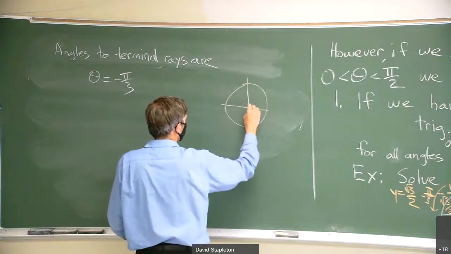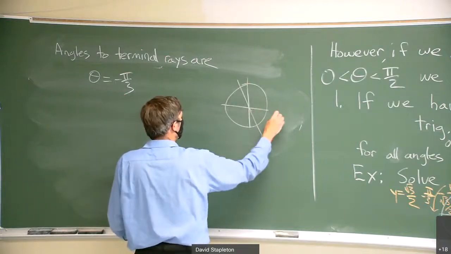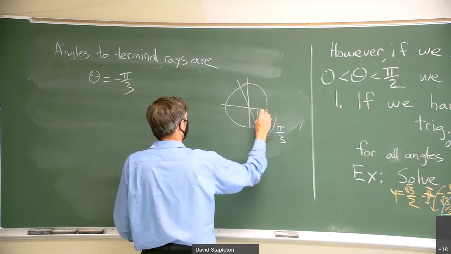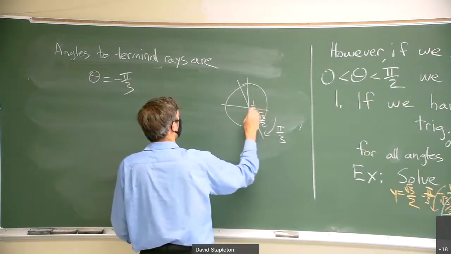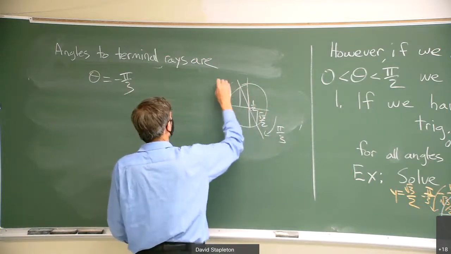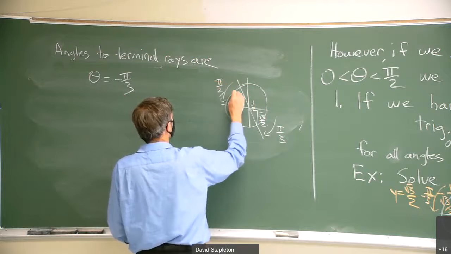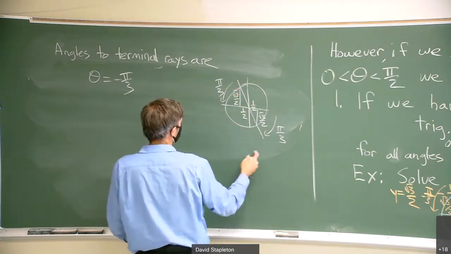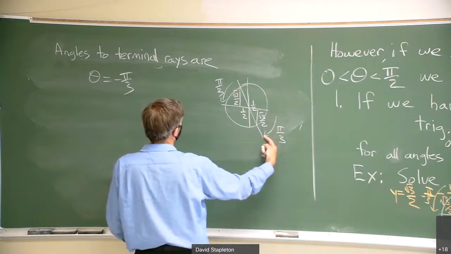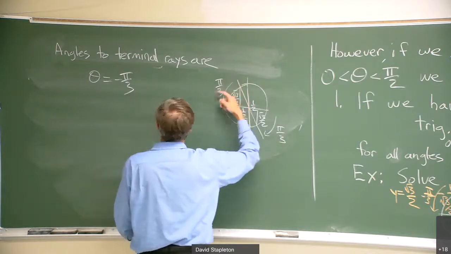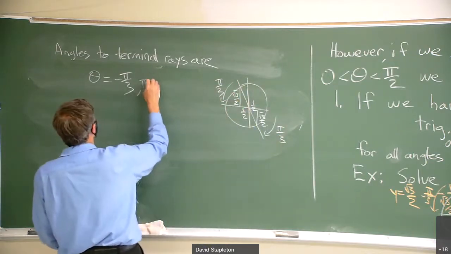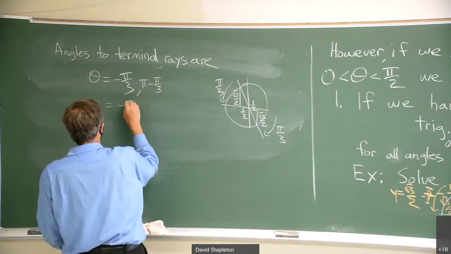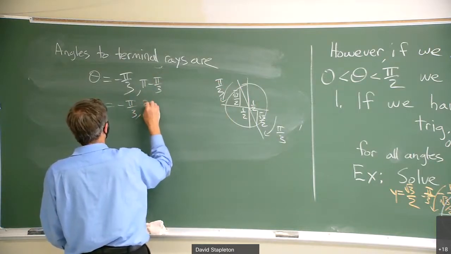We have this. This was pi over 3. There's a square root 3 over 2, 1/2 here. And this was pi over 3 on the other board. This is square root 3 over 2, and this is 1/2 here. And so the angles are minus pi over 3 since I went clockwise, and then pi back up pi over 3. Are minus pi over 3 and 2 pi over 3.